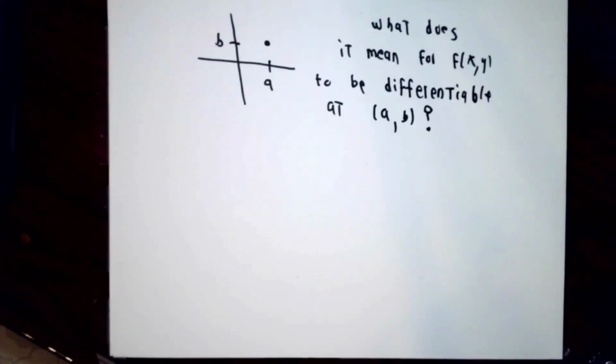In Calc 1, if I ask you what does it mean for a function to be differentiable at x equals c, there's an easy answer. It has a derivative at x equals c, which again has the hidden assumption that the function makes sense at x equals c and any place sufficiently close. Life is not so easy when I've got more than one independent variable.